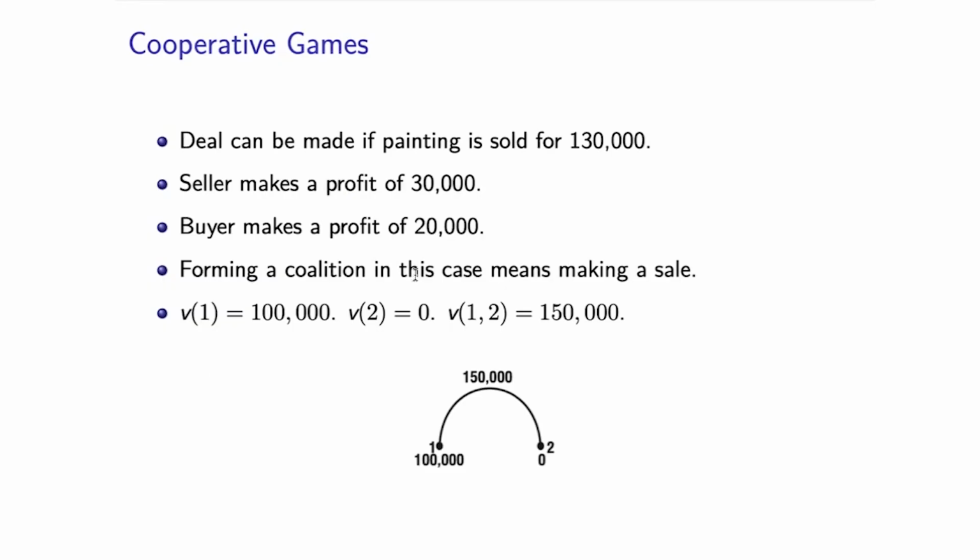If you add up, they add up to 150,000. So we can again graphically represent this as follows. You've got these two players, 1 and 2. If they cannot make a deal, then the amount that 1 gets is 100,000, and 2 gets 0. Why 100,000? Because that is the value of the painting to him. But if 1 and 2 do make a deal, then the total surplus is 150,000. Okay, so that's an example.